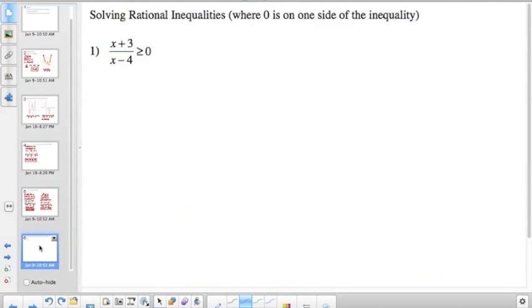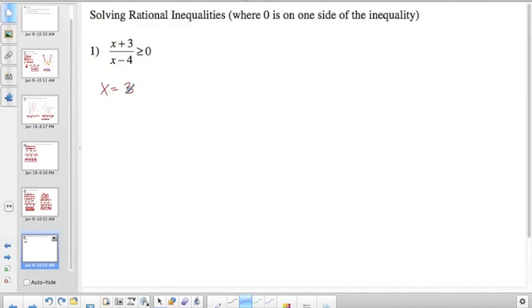When dealing with rational inequalities, we're going to make a sign chart as we have before, but we're going to put in the sign chart zeros and any vertical asymptotes, because we know that that's where the behavior can change and it could possibly change signs. So if we look, the 0 for this is when the numerator would be 0, and that happens when x equals 3.